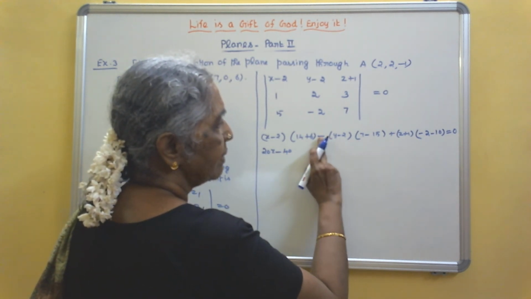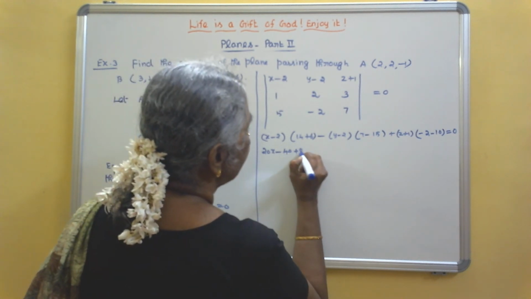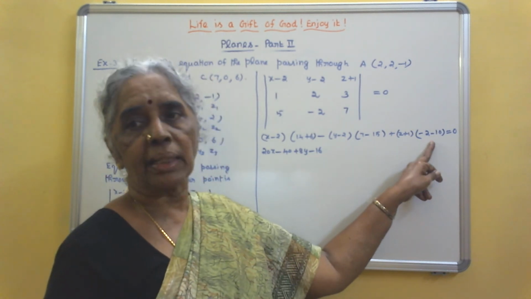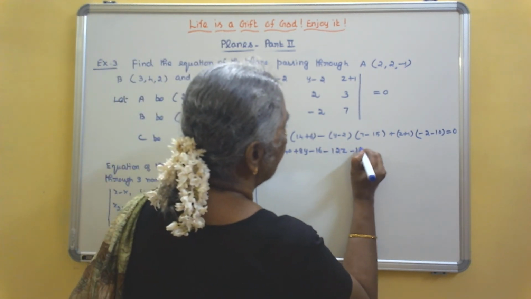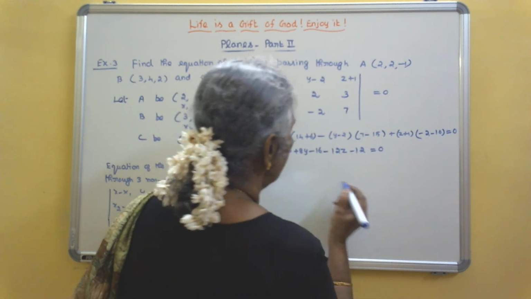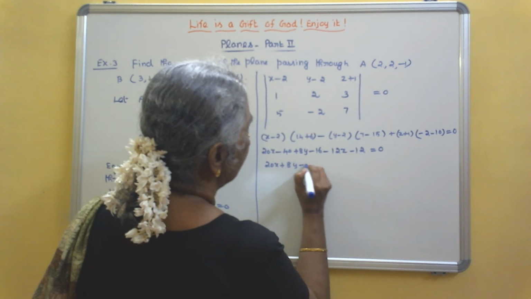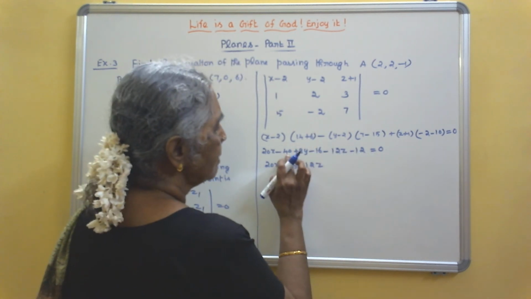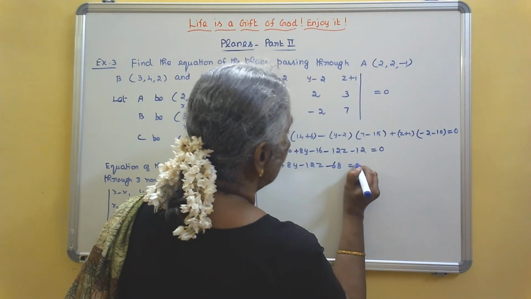Here this is minus 8, minus into minus will become plus 8 now. So plus 8y and minus 16. Here this is minus 12, so you will get minus 12z minus 12, that is equal to 0. So you will get 20x plus 8y minus 12z. You will get, everything is minus 40, 56, 68 is equal to 0.